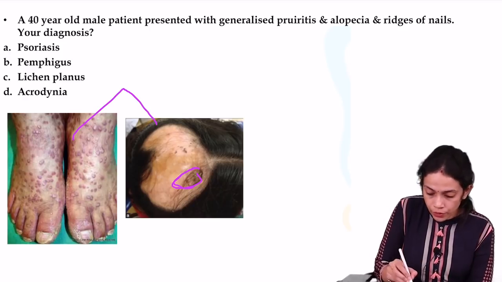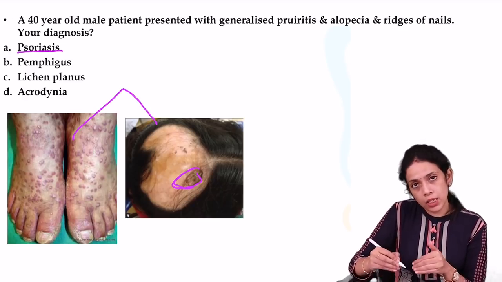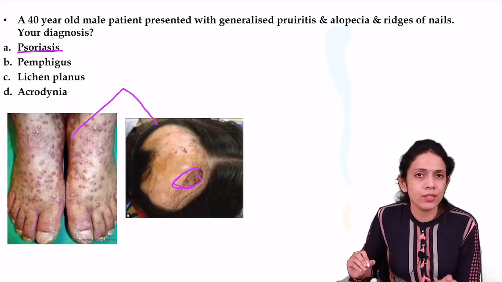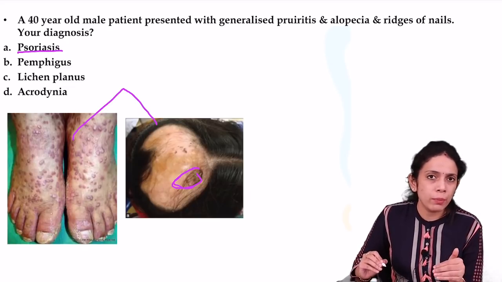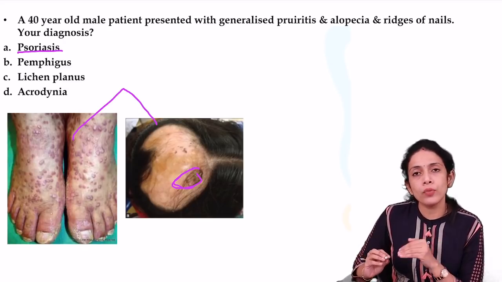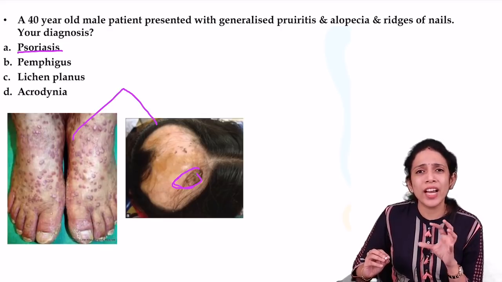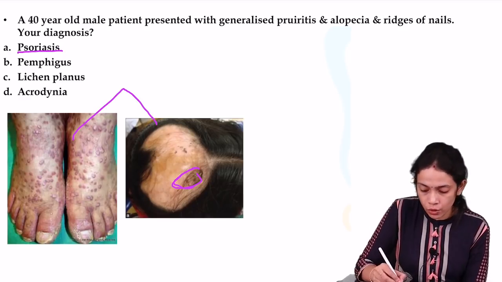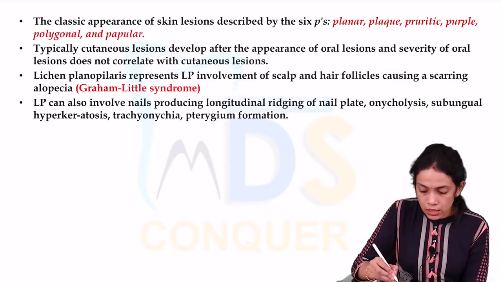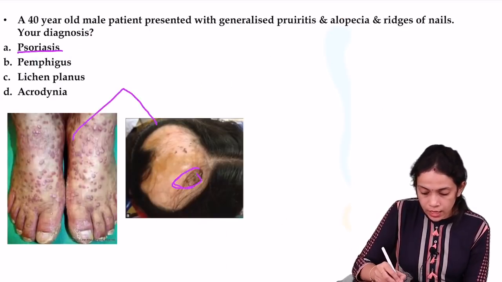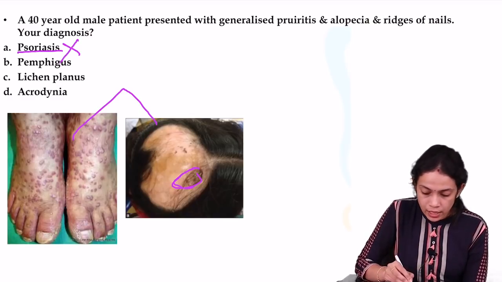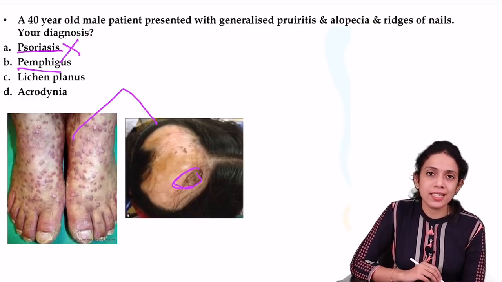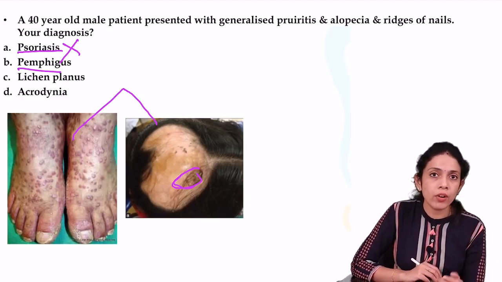If you see the options here, first psoriasis: Auspitz sign will be there, right? And one of the important clinical features is dry scaly skin. Here there is no Auspitz sign or dry scaly skin, so the answer is not psoriasis. Next, pemphigus: Nikolsky sign or bullae will be there, right?